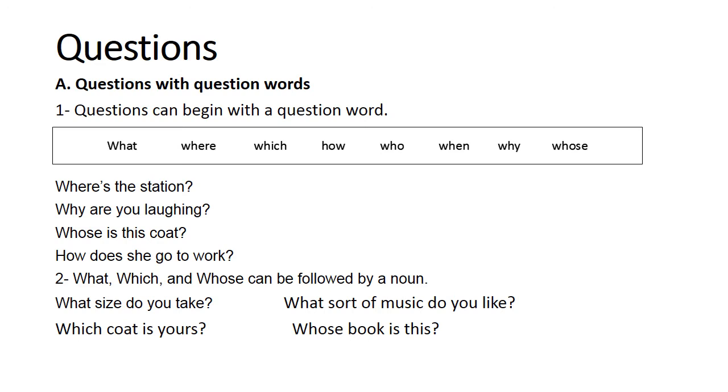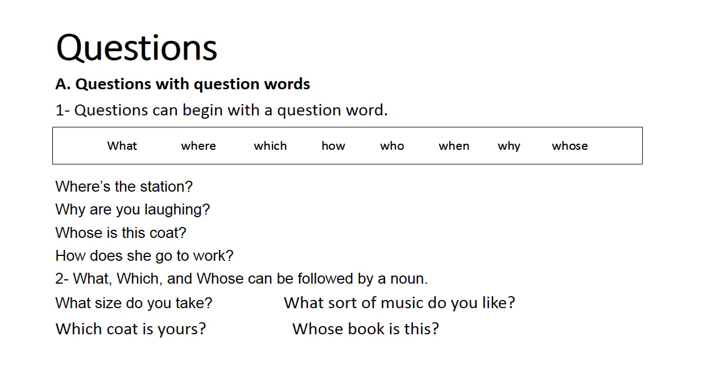Questions. When we make a question, we have 2 parts. Question with a question word: a question can begin with a question word. The question words are what, where, which, how, who, when, why, whose.